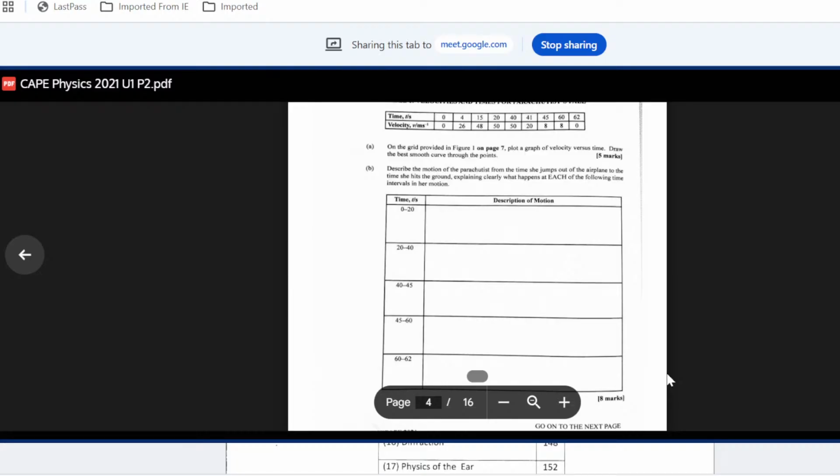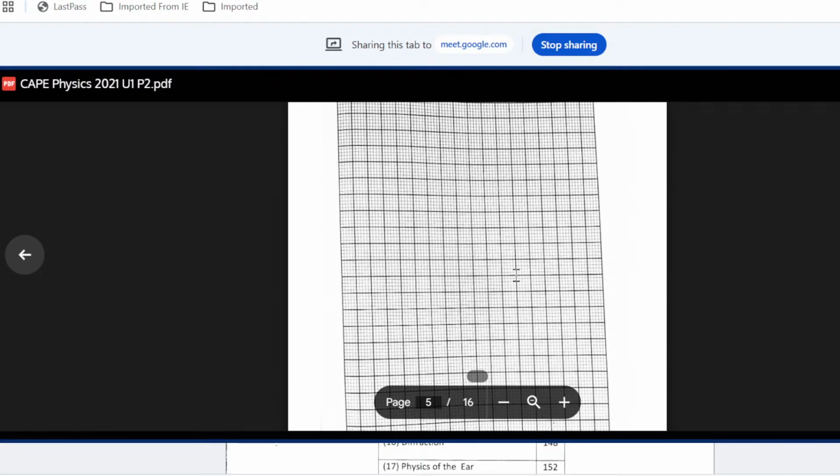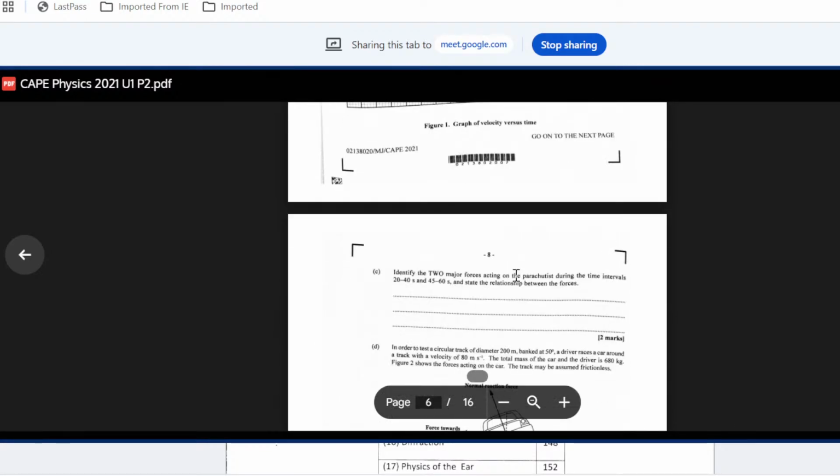So it's back to terminal velocity. And then at 60 to 62, she's hit the ground, just stops back at rest. Alright, so that's it. So I didn't have to do the graph to see that.